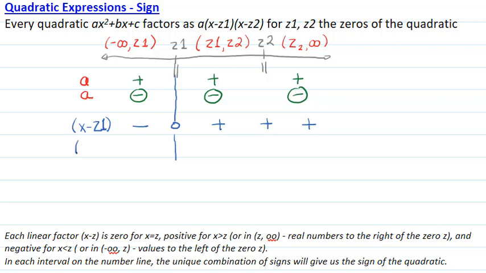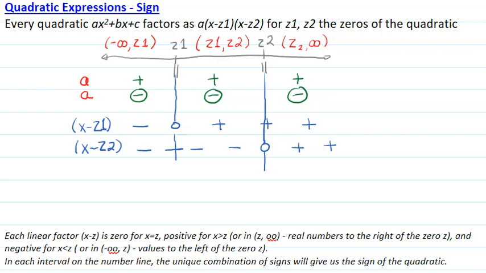Same for the other factor, x minus z2. This factor would be 0 when x is equal to z2. It will be positive when x is greater than z2, but negative when x is less than z2.